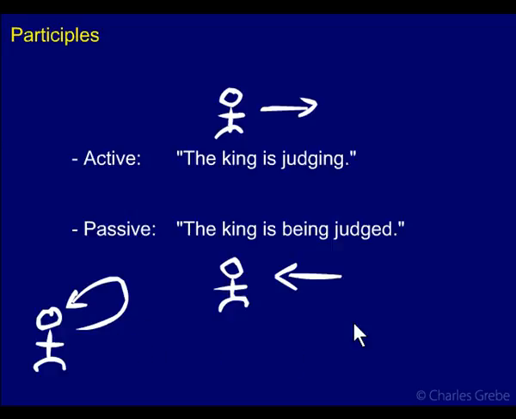There's another thing we'll look at in Hebrew in due course, and that is something called the reciprocal, where two or more entities are acting upon one another. So we have active, passive, and then we have reflexive and reciprocal. Now these ones, reflexive and reciprocal, I'll talk about later.